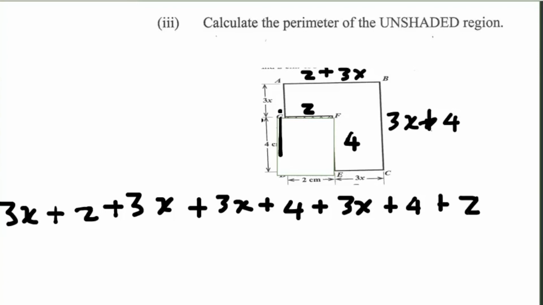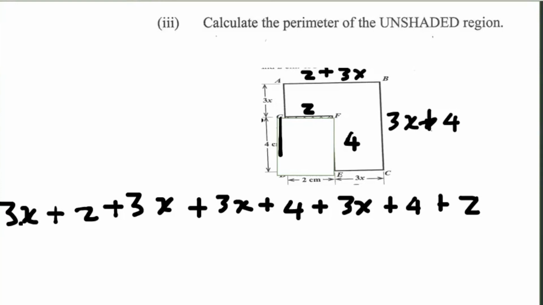So that's AG plus AB plus BC plus EC plus FE and plus C.